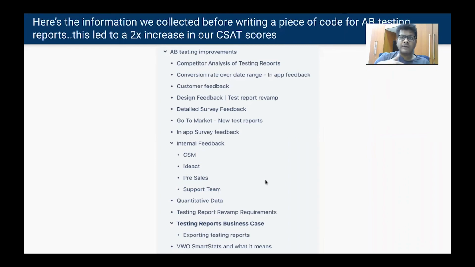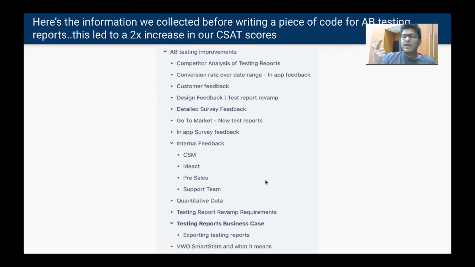And then we also ran a survey within. The advantage there was that the product was already out there, so we ran VW surveys on top of the reports that already existed to get feedback, and also create a baseline of the CSAT score, which became the metric we were trying to improve.